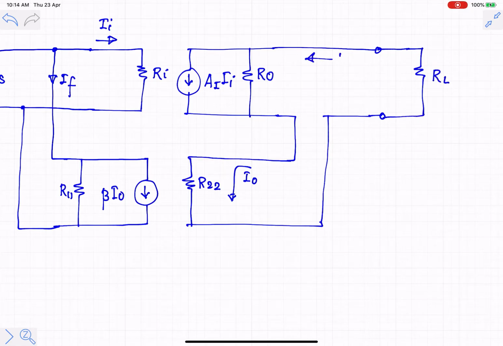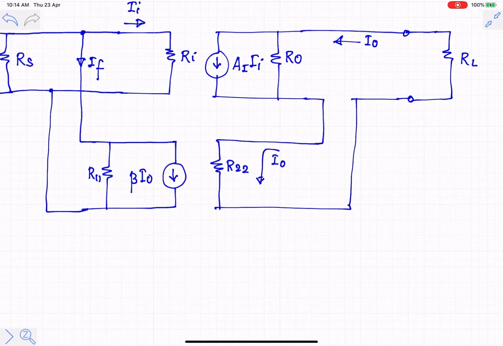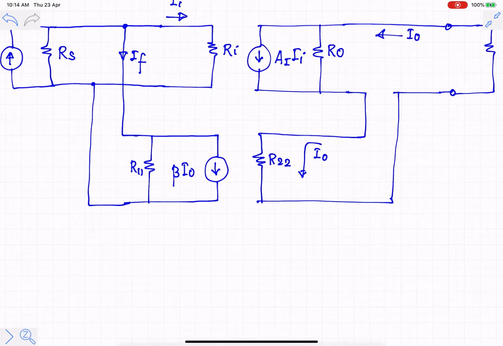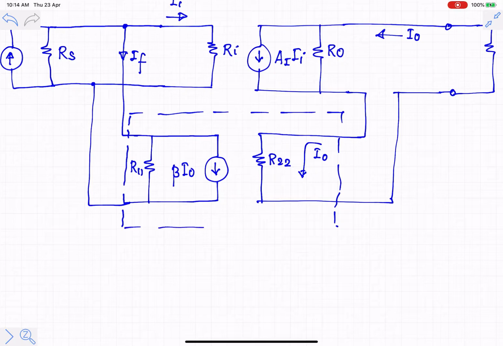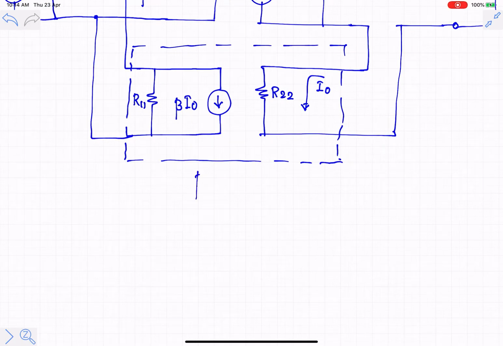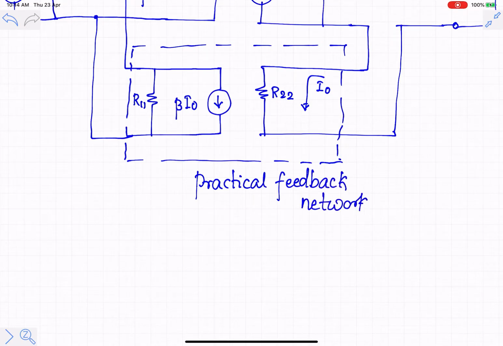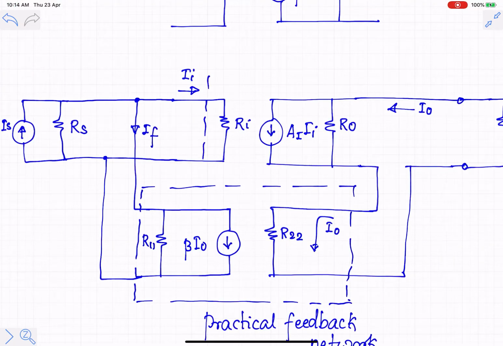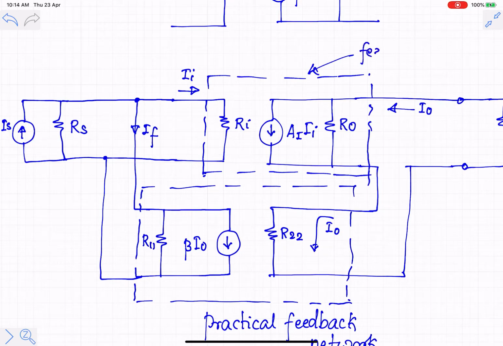This current is equal to IO. So this complete part is the practical feedback network, while this part is the feed forward amplifier.